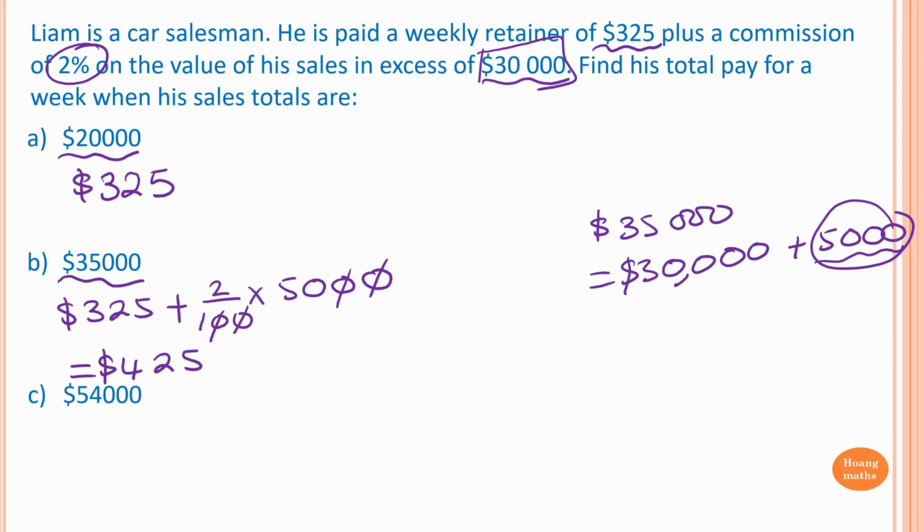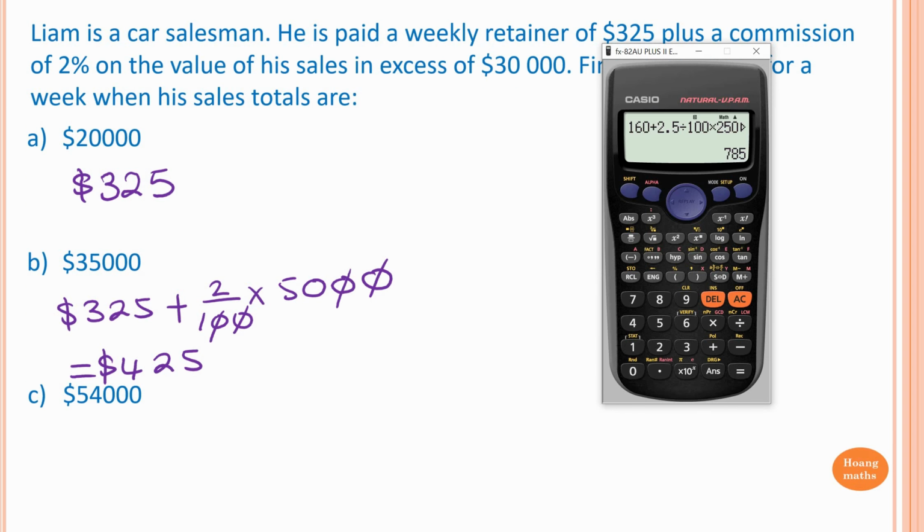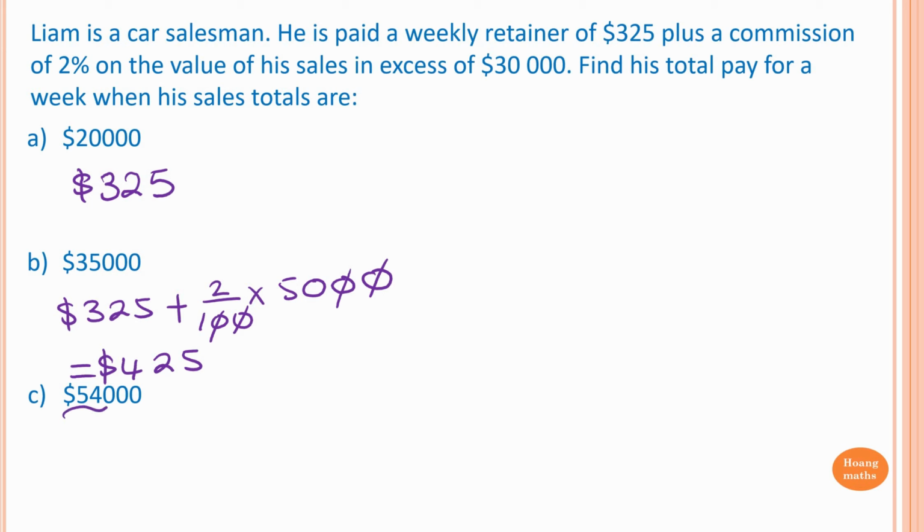Please stop the video. Try part C yourself. So on a particular week, he makes a sale of 54,000.